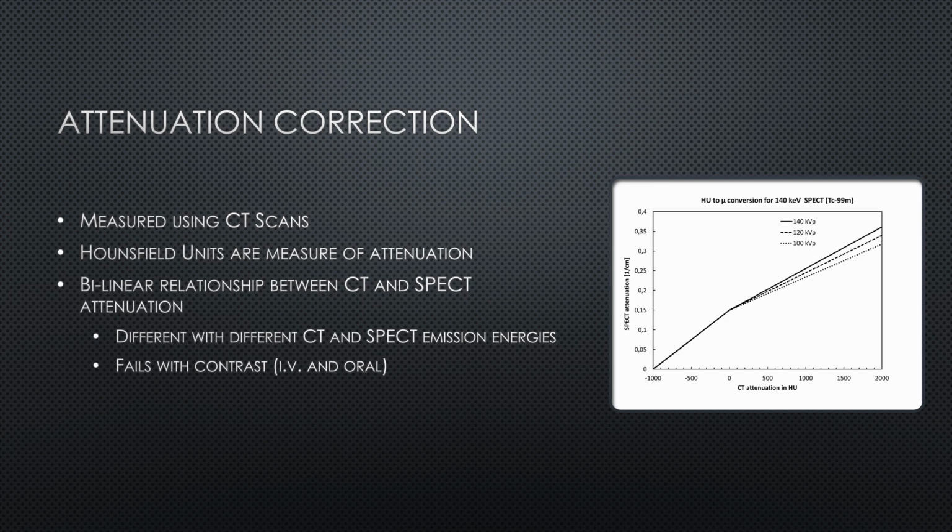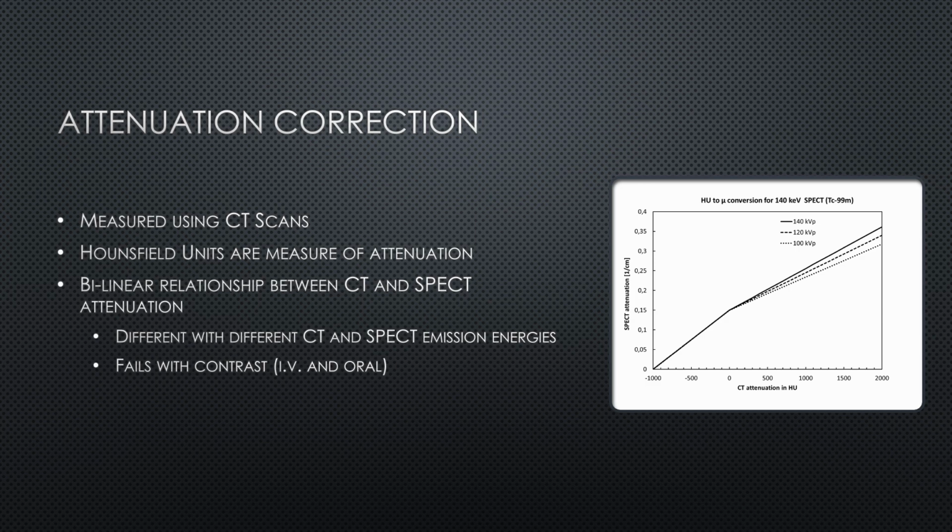One thing to mention is that these relationships fail with contrast. If you have IV contrast, less so oral contrast, but if you have IV contrast in the CT, it will affect your conversion values. It falls out of this bilinear relationship.